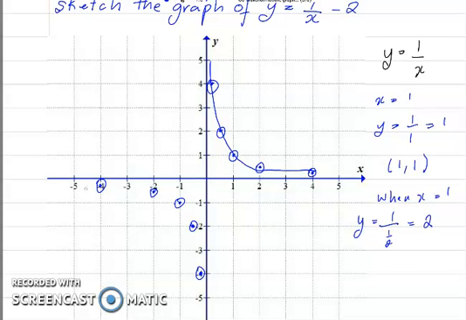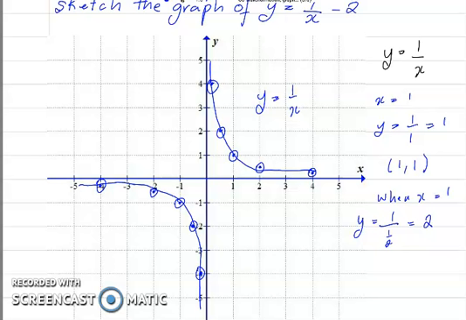So first thing we're asked to do is to sketch the graph of y is equal to 1 over x. Points to note, it is important to note that both the x-axis and y-axis are asymptotes. What are asymptotes again?